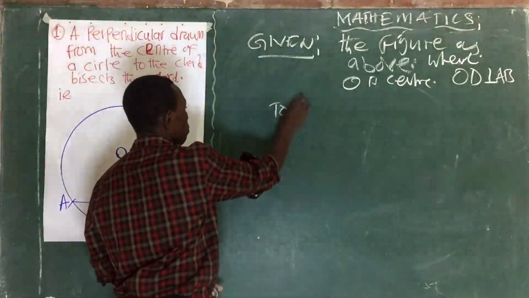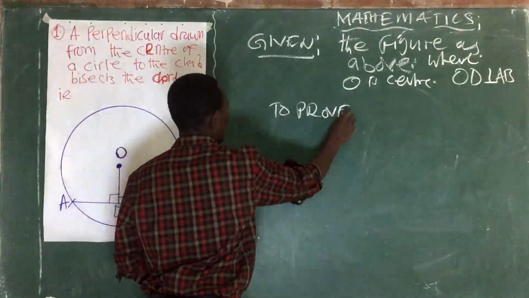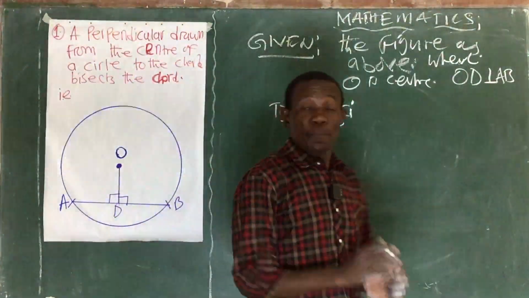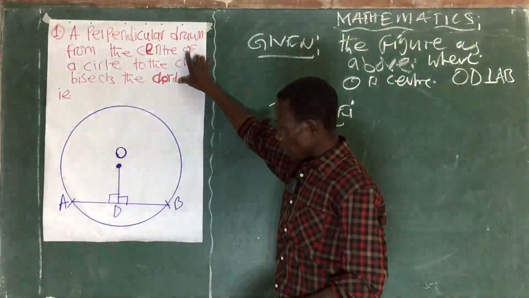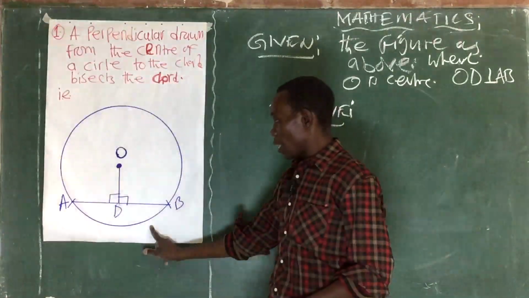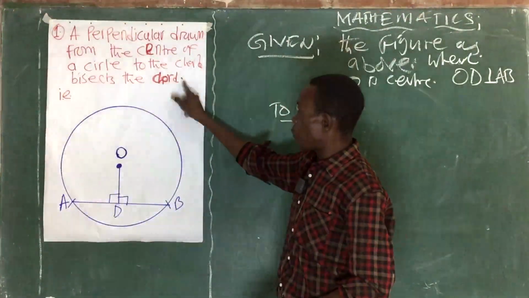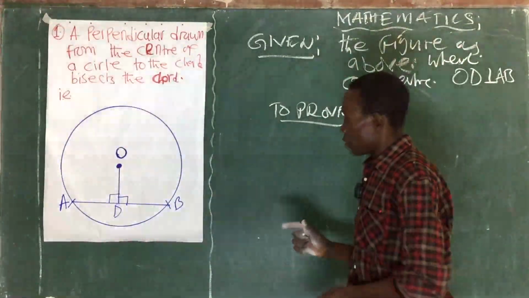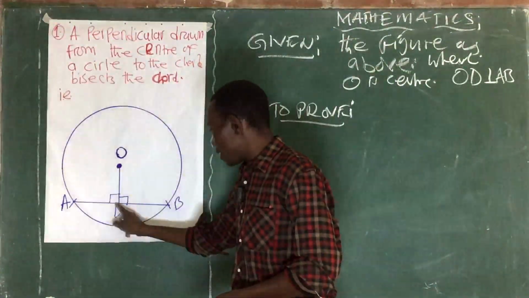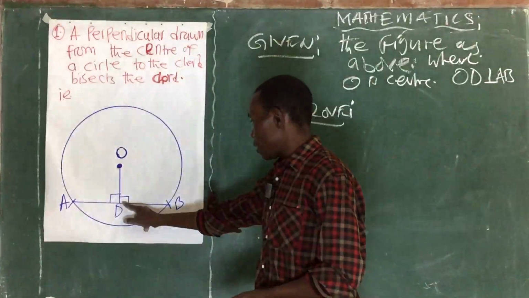So we are asked here to prove what? Simply, if we are going to summarize that statement here, we will refer to the diagram. If we talk of bisecting a chord, it simply means coming up with the evidence, or the truth, about line AD and line BD.